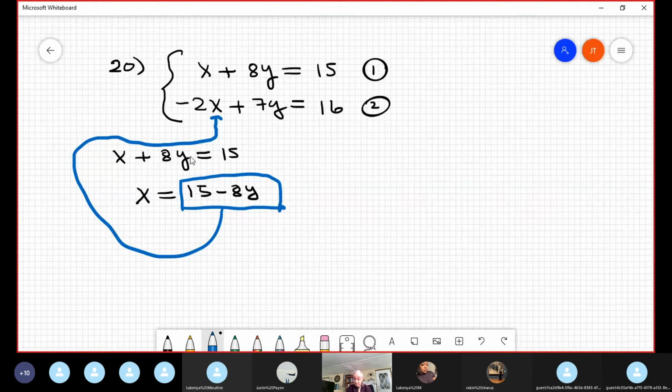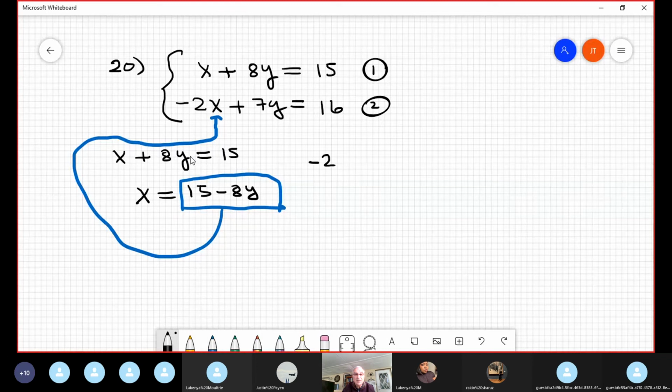This is important because if you substitute again in the first equation, you don't get anything. So you isolate the variable that contains coefficient 1 or negative 1, and when you have isolated it, you substitute in the other equation. Be careful with the signs, because we have a negative 2 here.